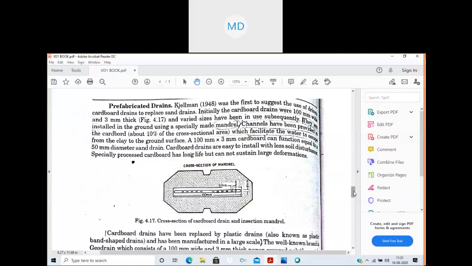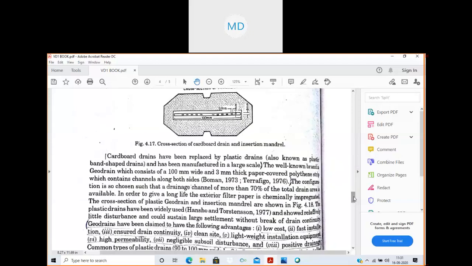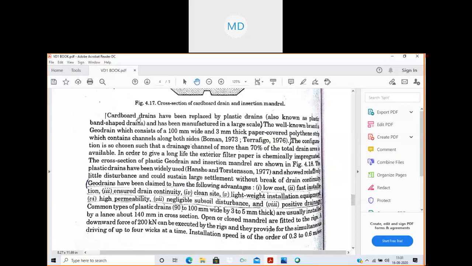Nowadays geomembrane fibers are generally used, and these are also porous. Cardboard drains have been replaced by plastic drains, then geodrains.